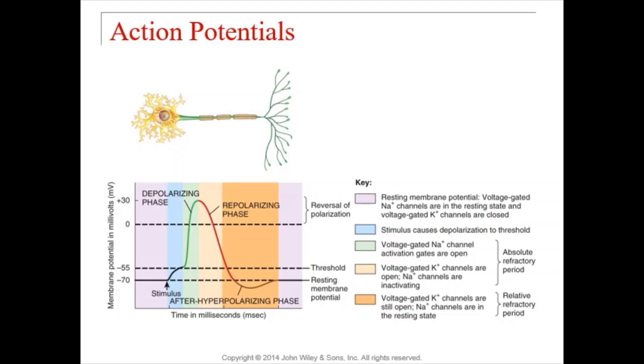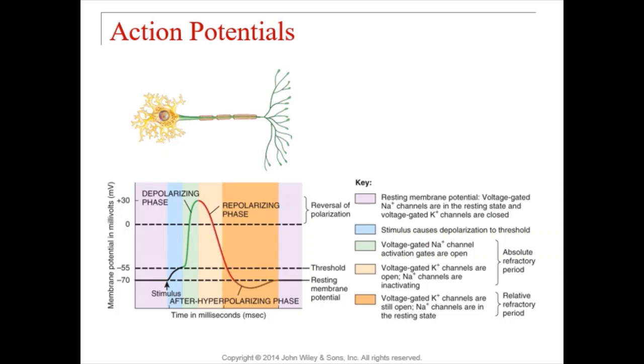And how do you do that? How do you depolarize? Remember, you're going to have to open a channel. Turns out the channel we're going to open in depolarization are sodium channels, voltage-gated sodium channels. They'll open up. Sodium will rush into the cell. Positively charged sodium will rush into the cell, and it will bring its positive charges with it to make the cell positive on the inside.